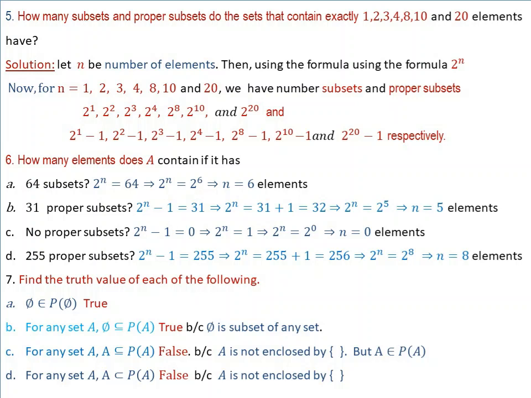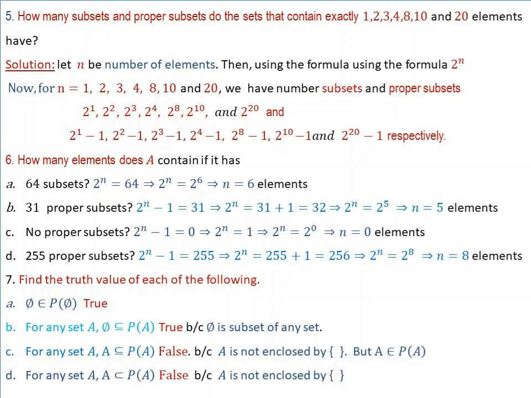B, 31 proper subsets. If a set has 31 proper subsets, then how many elements does this set have? Now using the formula 2 to the power of n minus 1, which is the number of proper subsets of the given set, then 2 to the power of n minus 1 is equal to 31.